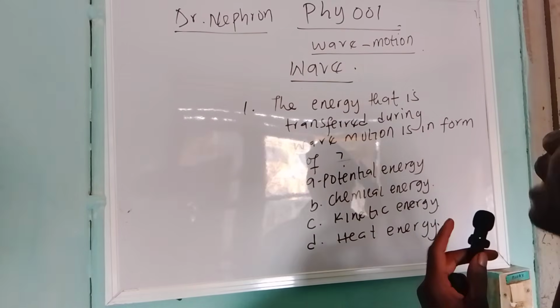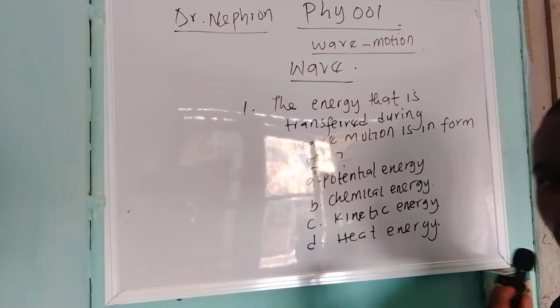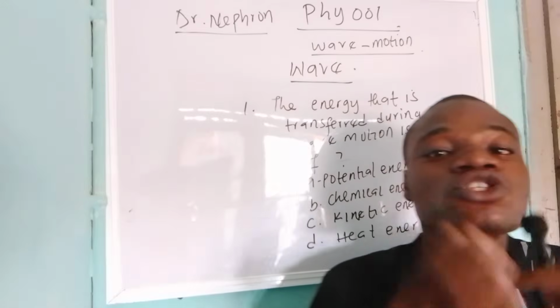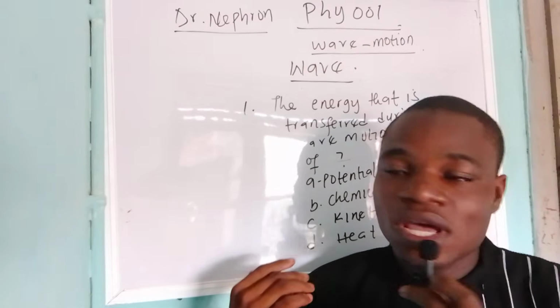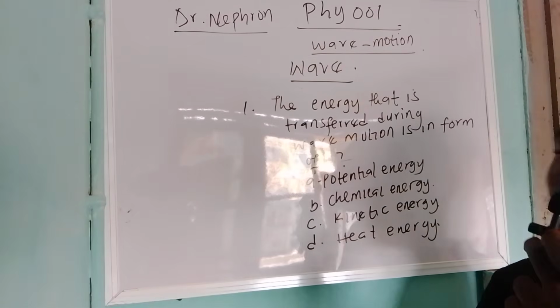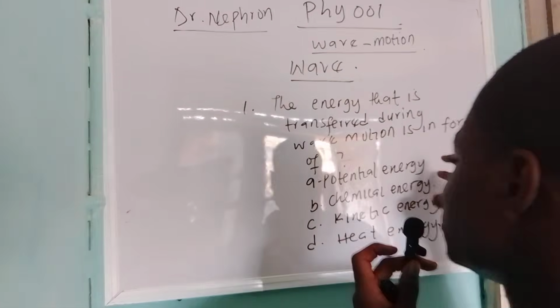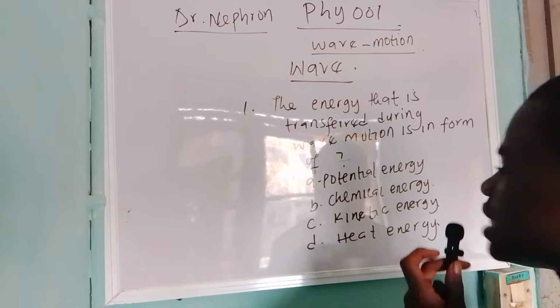Now, the energy that is transferred during wave motion is in the form of dash. A, potential energy. B, chemical energy. C, kinetic energy. And D, heat energy.